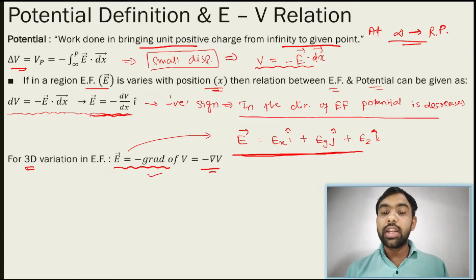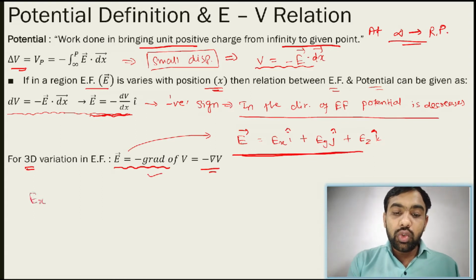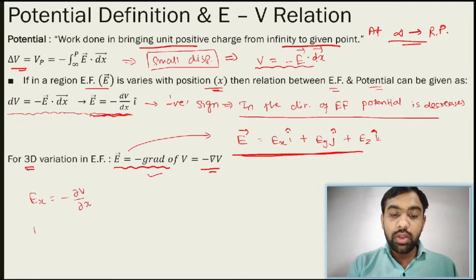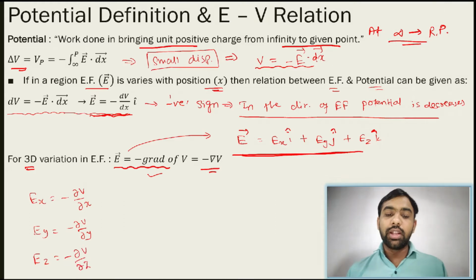So here the gradient of V gives the electric field. Ex is minus del V by del x, Ey is equal to minus del V by del y, and Ez is equal to minus del V by del z. By this way you first find the electric field components.